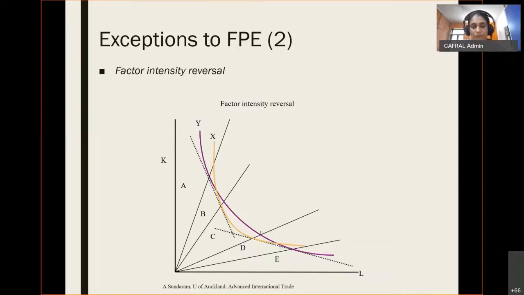However, this is going to flip when you go to the United States. So in the United States, good X is going to be more labor intensive, and good Y is going to be more capital intensive. So the goods basically flip in intensity when the W over R changes.